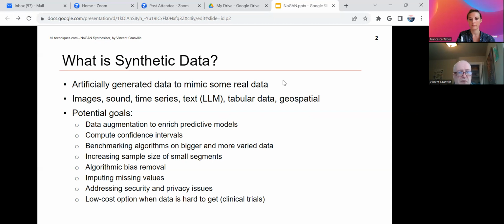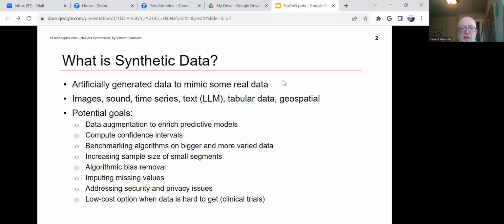So why do you want to get synthetic data? There are many different reasons, many different goals. An example is data augmentation. You might have heard the keyword data augmentation. It's when you want to add more data to your training set in order to improve your predictive models.